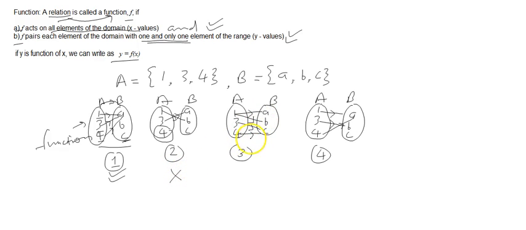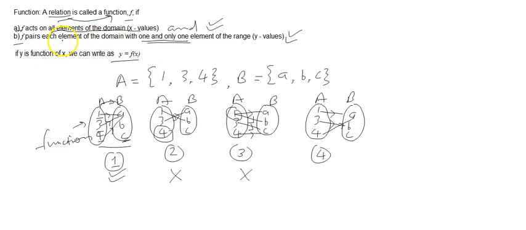Now if I take the second one, 1 has an image, 3 also has an image, 4 also has an image, but you can see over here 1 has two images. One is associated to A, one is associated to B as well. So this is also not a function. This cannot be a function because the second condition is not fulfilled.